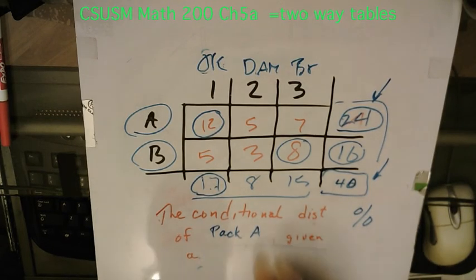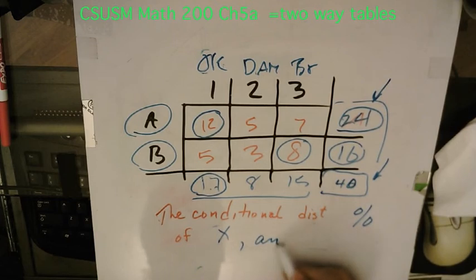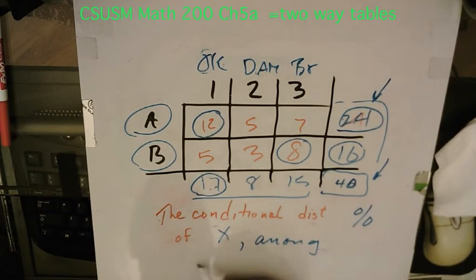Now there's also a little subtle statement they make. They might say the conditional distribution of something, of X, and they might use the term comma among males, something like that. What they're saying with this among males, they're saying given. This is my given. And then this is the conditional that I'm going to use.